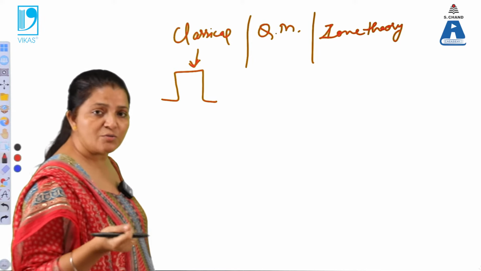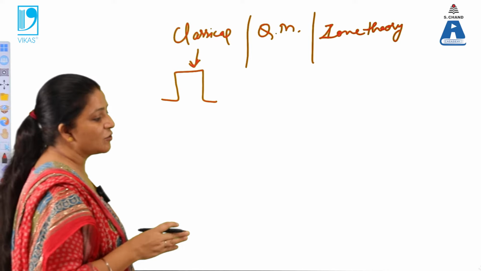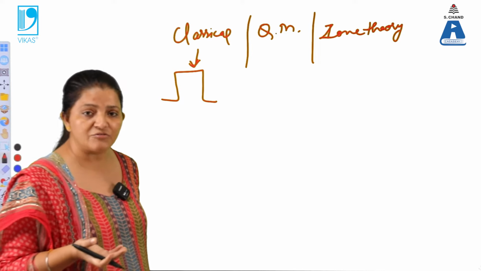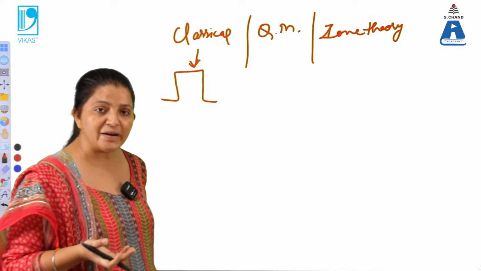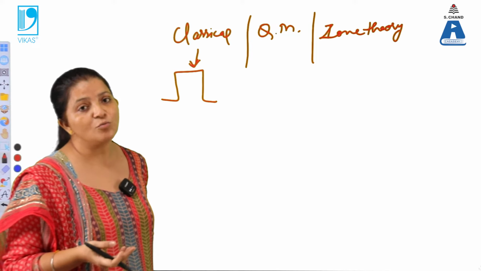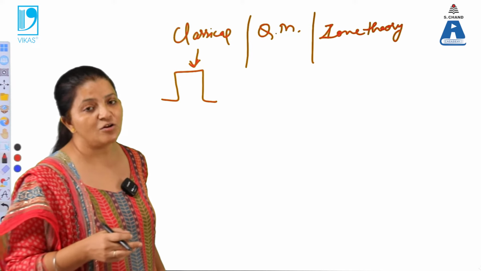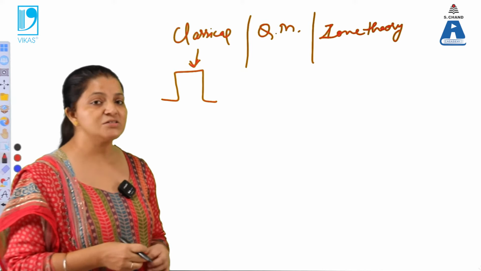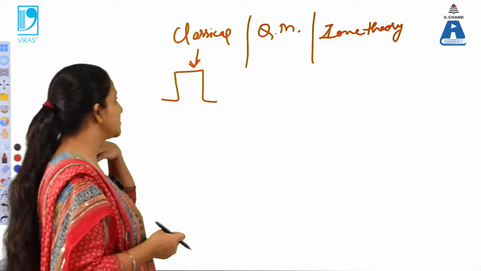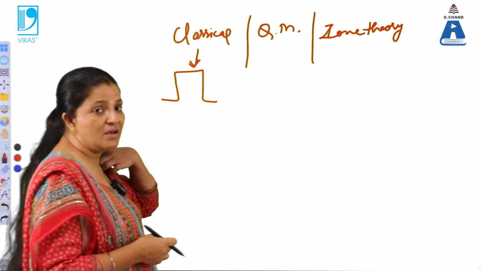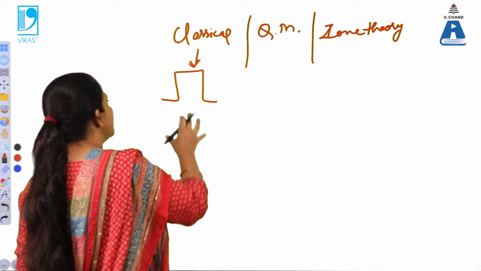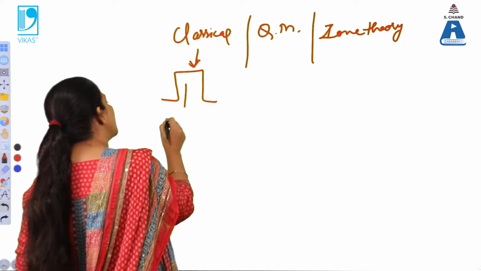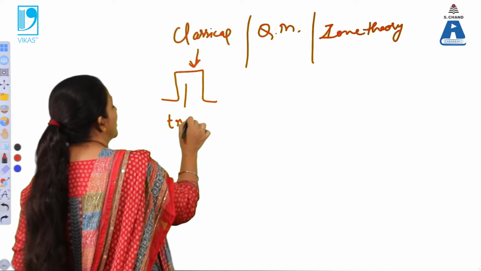When the electrons can move freely, those materials are known as good conductors of electricity, or metals. When the electrons are fixed to the atoms and not able to move, those are known as insulators or semiconductors.